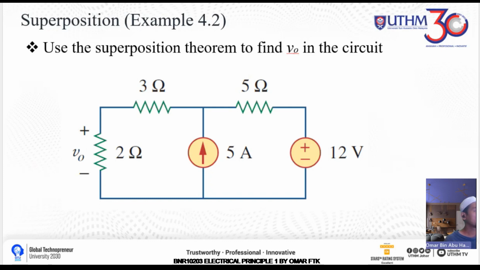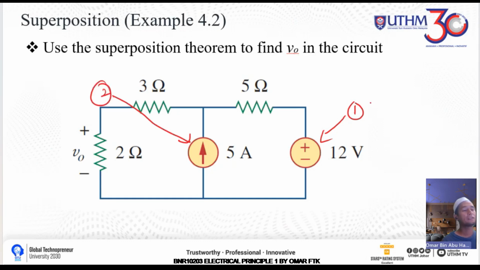So you use the same method. First, you have to select one source, and then the other source you have to turn off. Then do the analysis, and after that do the second one. For example, let's say I choose this as the first one, and this one as the second one.